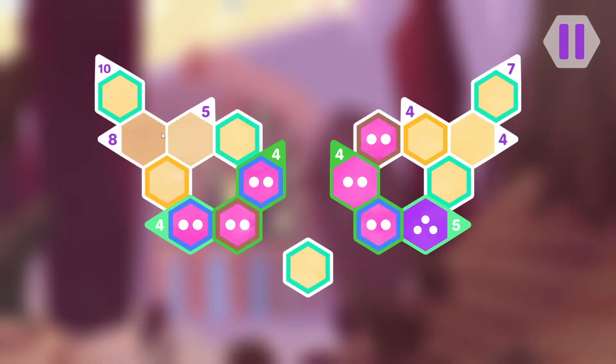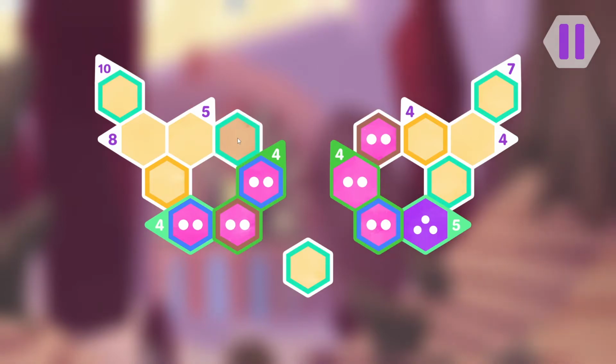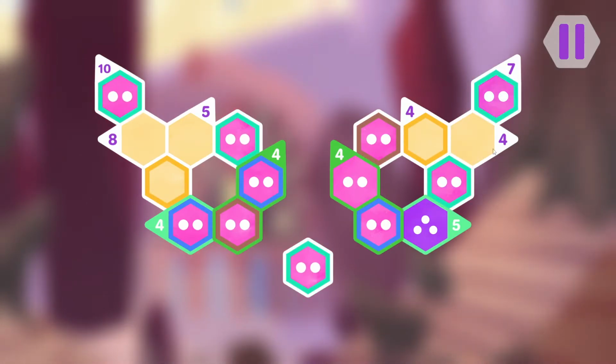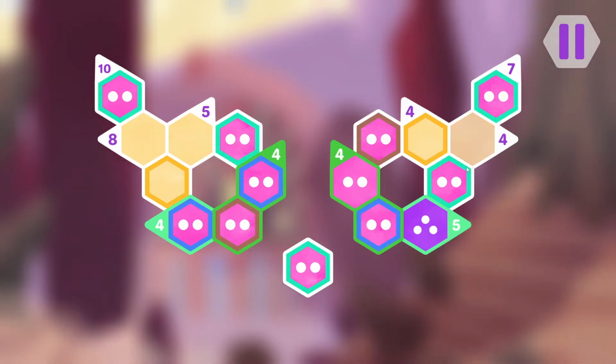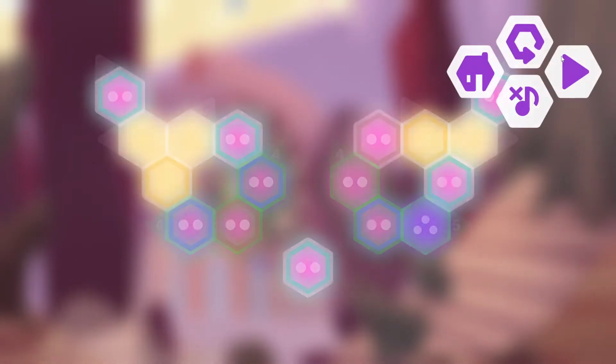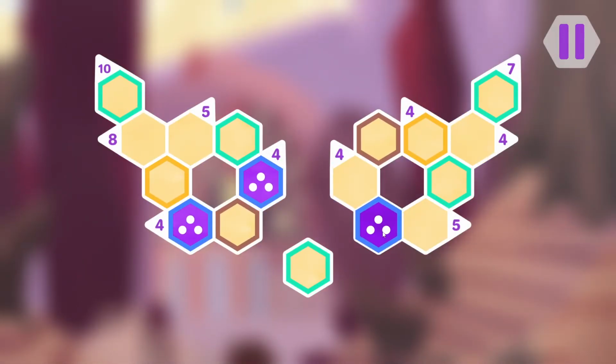So those are at least 2, and those are at least 2. Oh, nice. So since this is 8, that means this one is at least 2, which gives this 2 and this 2 and nothing else for this part. That means that our initial assumption was wrong, so this can't be 2. That means it's 3.